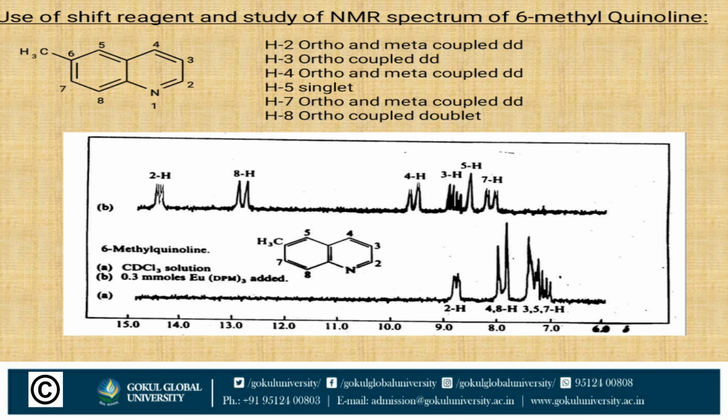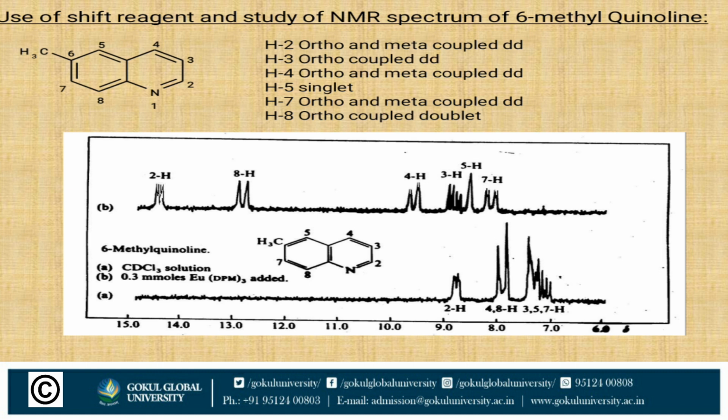Now here we show how to separate out the molecules by the shift reagent signals. Here is an example of the use of a shift reagent in the study of the NMR spectrum of 6-methylquinoline. The structure of 6-methylquinoline is shown in our figure.